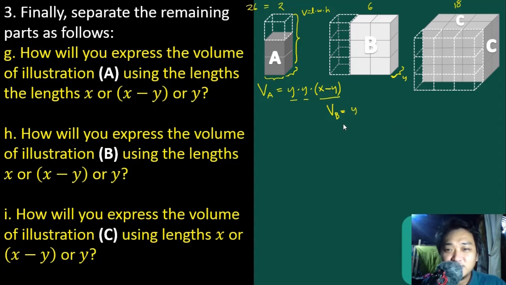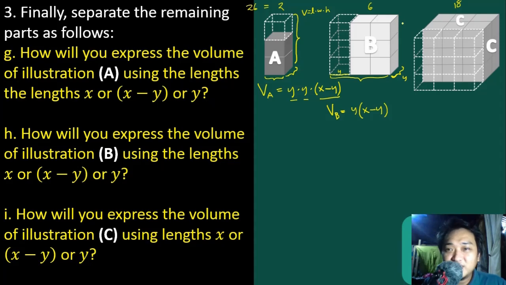Kasi, para makompute natin yung volume ni B, all we have to do is to multiply its length, its width, and its height. So, what would be the length? Ito, yung haba niya. O, tingnan nyo, nabawasan, di ba? May bawas dito. At yung haba niyan is y. So, that will be times x minus y.